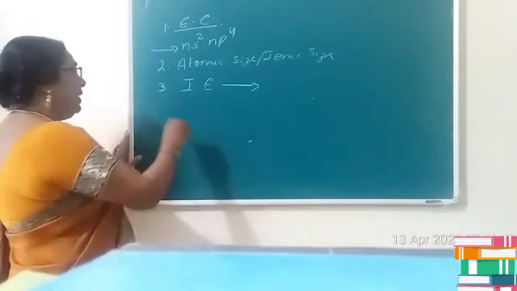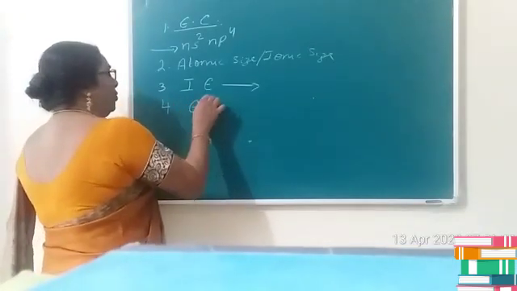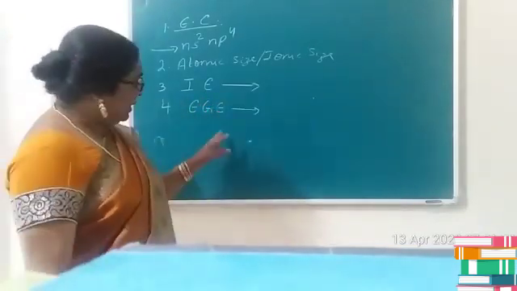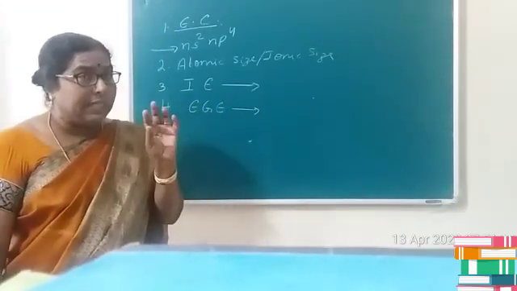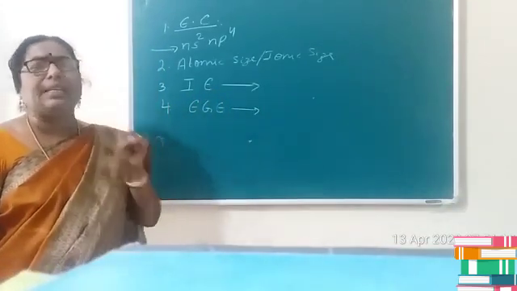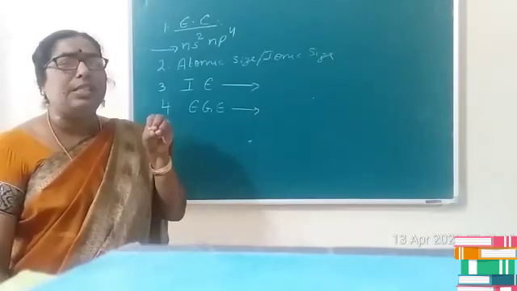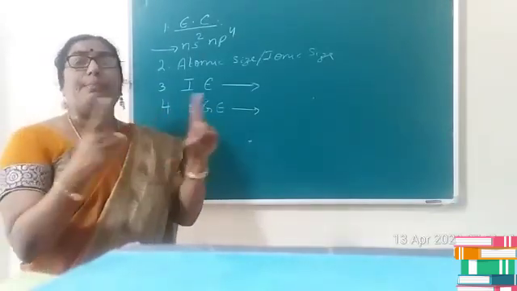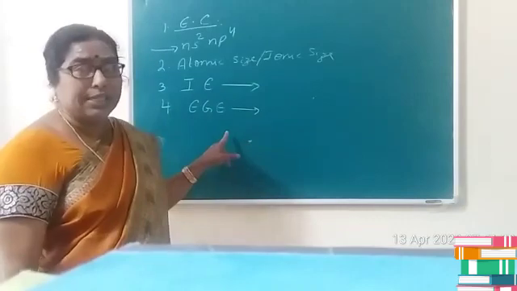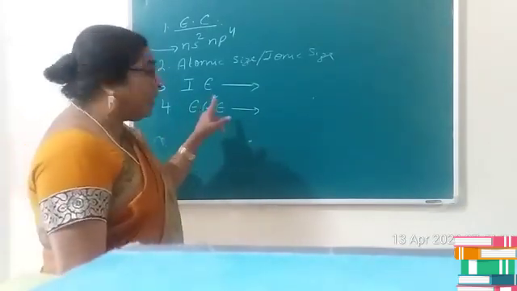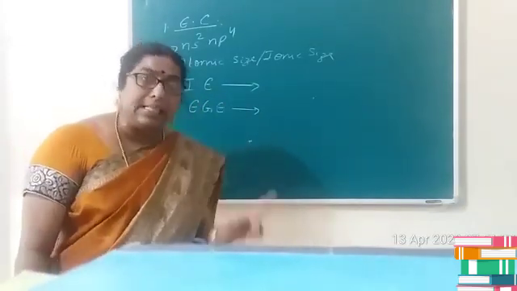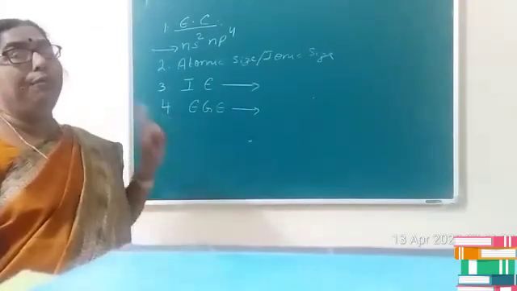Is it clear? Next one, let us consider electron gain enthalpy. Oxygen is the first element, and because of its compact nature, due to its very small size, inter-electronic repulsion is more in case of oxygen. So the electron gain enthalpy of oxygen is less negative compared to that of sulfur.